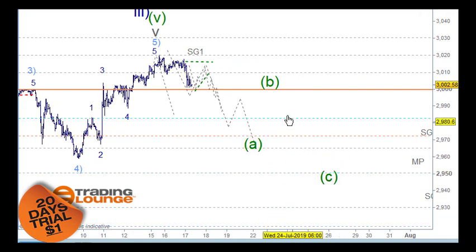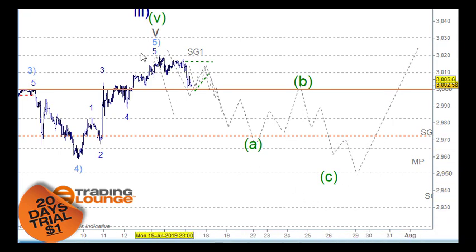Something like this is group 2 here that's going to offer support. Subgroup 2, 65, 72 and 80. Wave B here, which will be in 3 waves, retesting that supply level, and then 5 waves down into this space here. So that's pretty much what we'd be looking at.